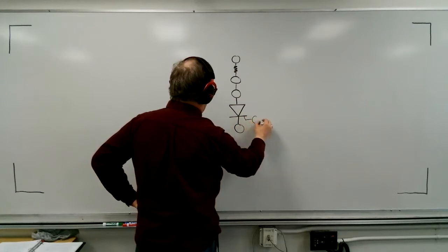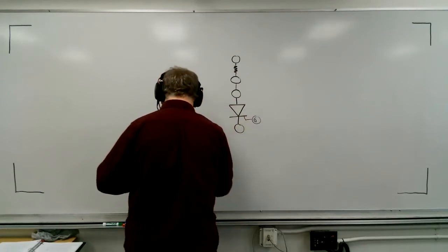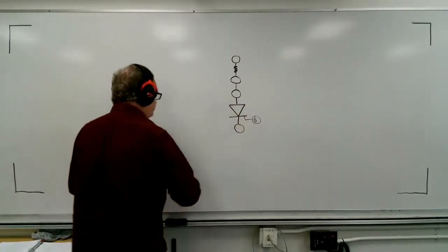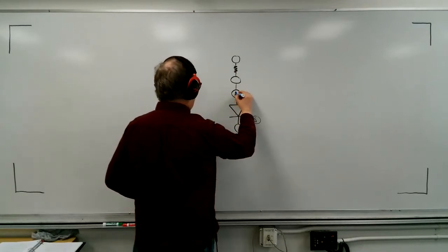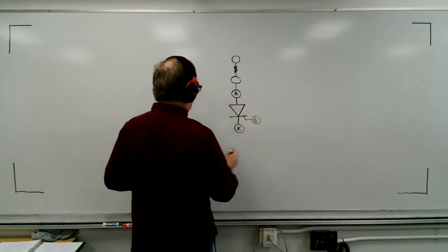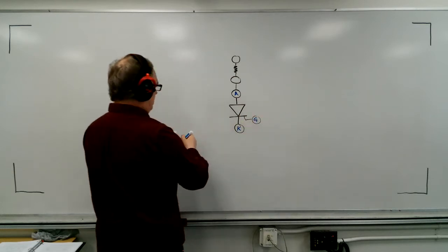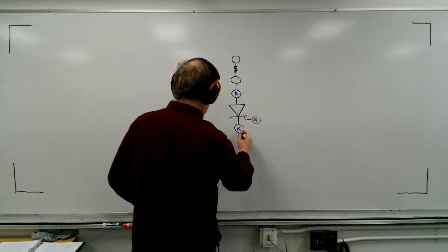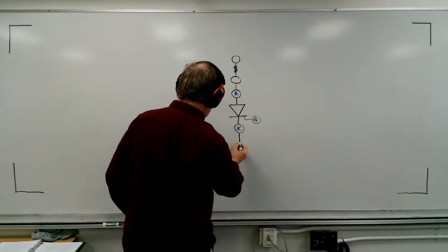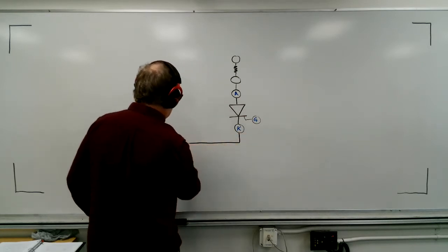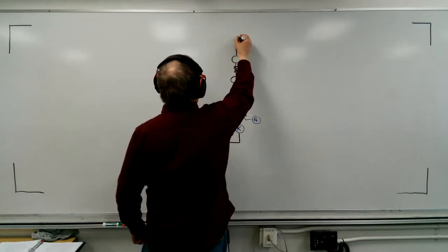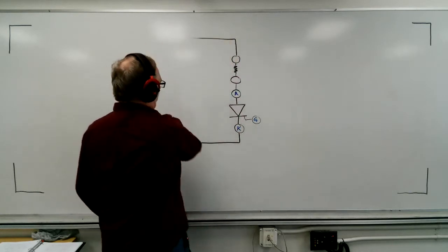And there's the gate right there. Gate. Anode, cathode. I'm going to change that up and make that the gate. Now I know this is going to have to be fed from over here, so I'm going to make a couple lines over that way.